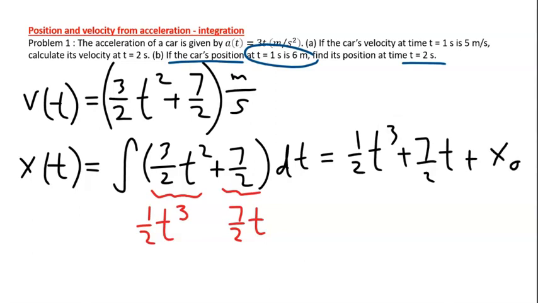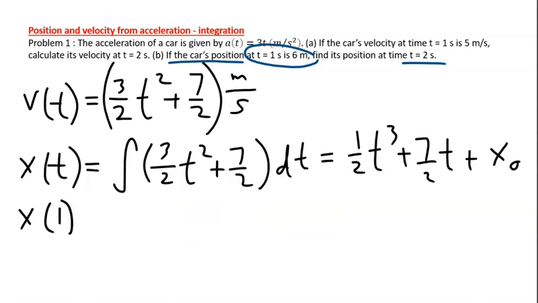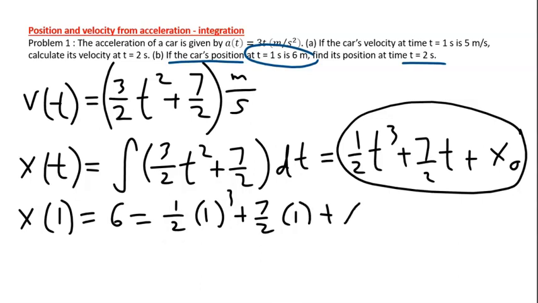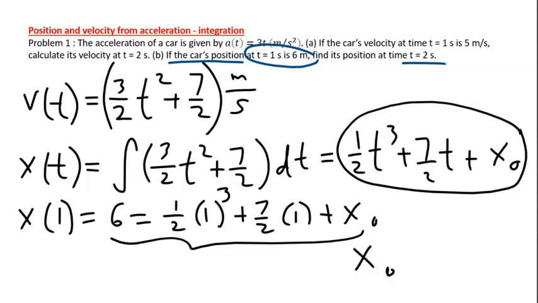We have to determine the constant. We know the value of x at t equals 1 is 6. So from this expression, when we substitute t equals 1, that becomes 1 over 2, 1 cubed, plus 7 over 2, 1 plus x naught. By solving this, we determine x naught is 2.